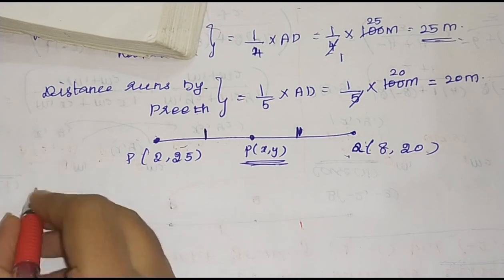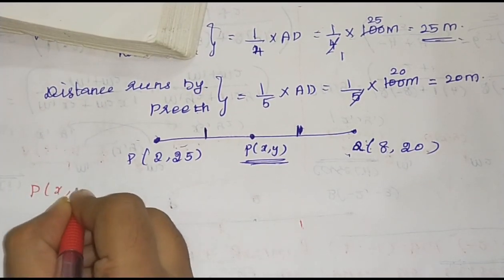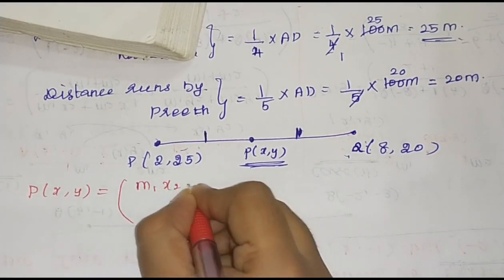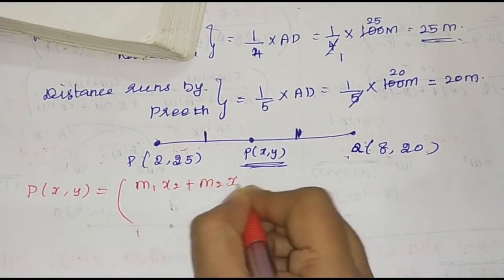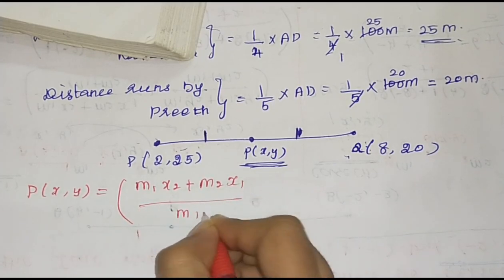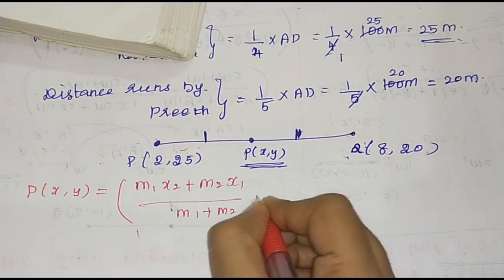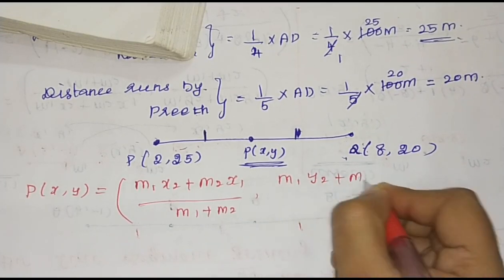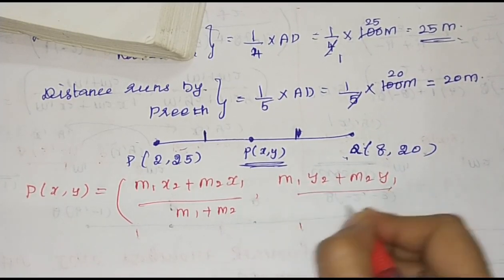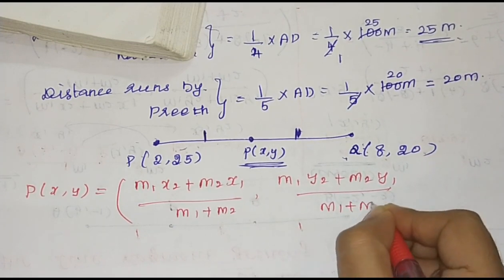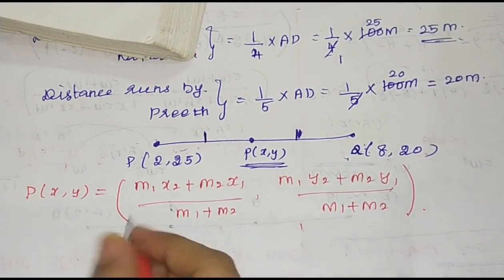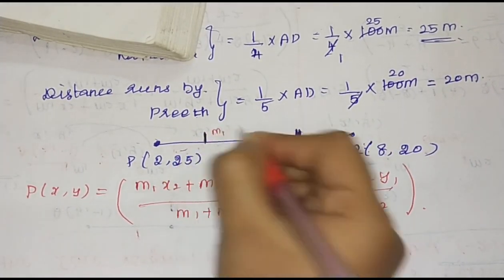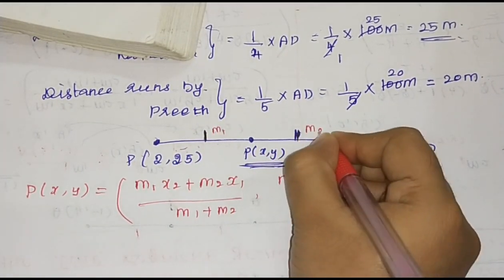The section formula is P of x comma y equal to m1 x2 plus m2 x1 divided by m1 plus m2, comma, m1 y2 plus m2 y1 divided by m1 plus m2. Now here the ratio given is 1 and 1, so we consider m1 and m2 as 1.